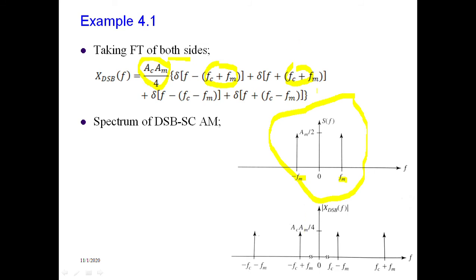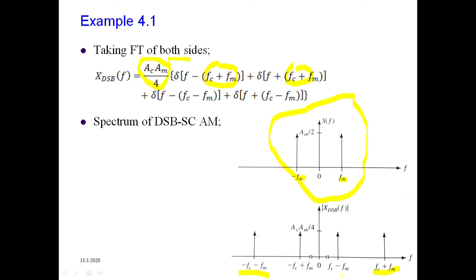So multiplying the signal and carrier, you get this value: at minus FC minus FM, 1 delta, plus FC plus FM, 1 delta.